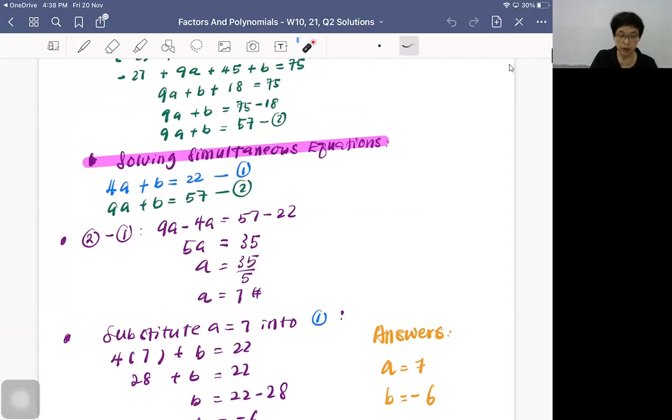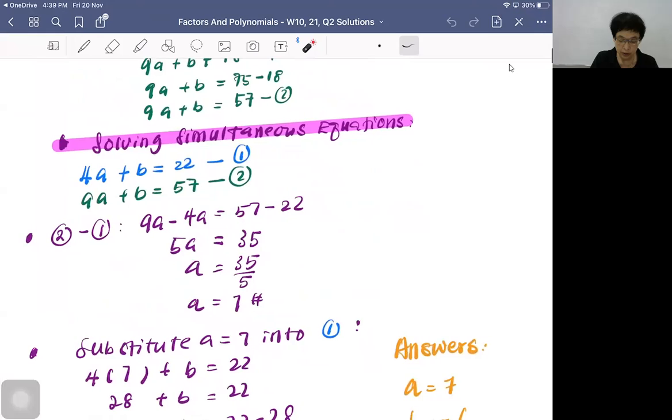From here onward, for solving the simultaneous equations, you can pick whichever method you are confident and comfortable with. For me, this is what I've done. I noticed that the b's have the same coefficient. Therefore, I've chosen to take equation 2 minus equation 1, because I do not want to have a negative 5 here.